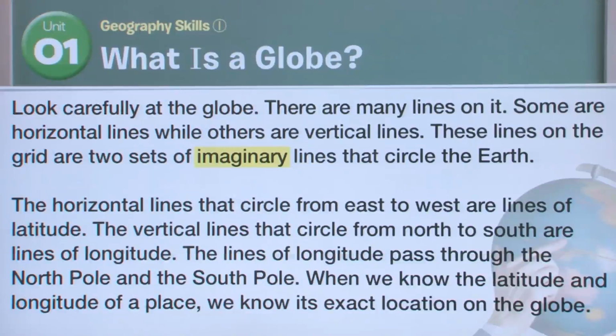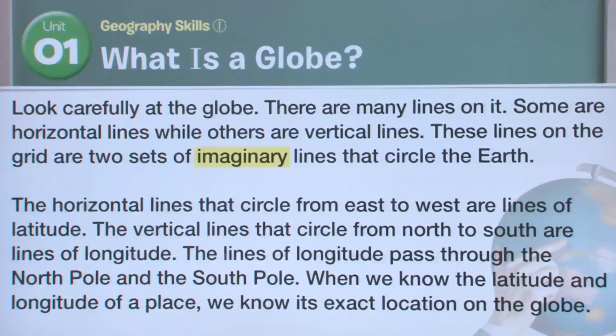Look carefully at the globe. There are many lines on it. Some are horizontal lines, while others are vertical lines. These lines on the grid are 2 sets of imaginary lines that circle the Earth. The horizontal lines that circle from east to west are lines of latitude.